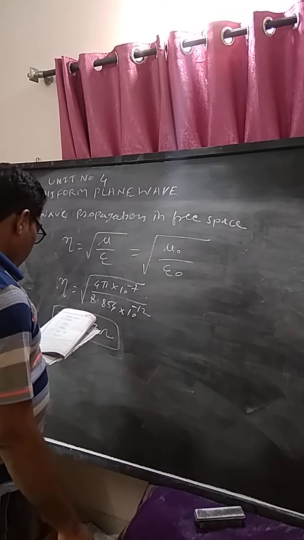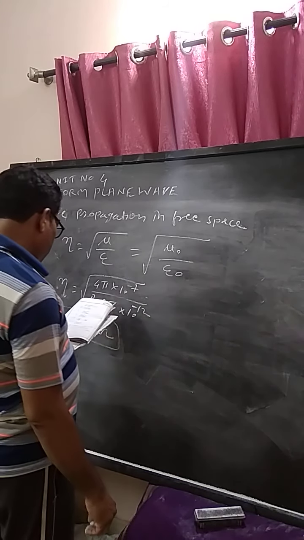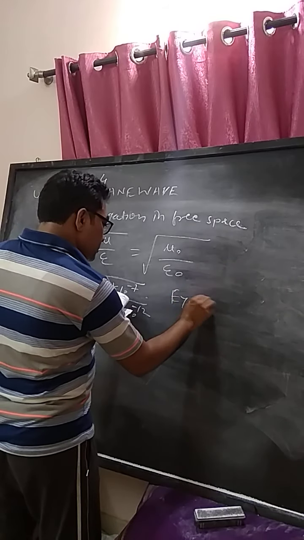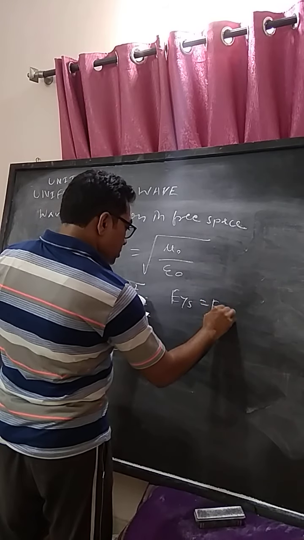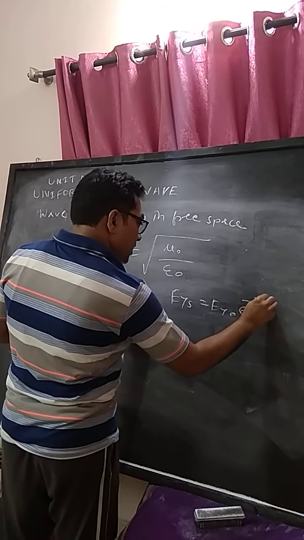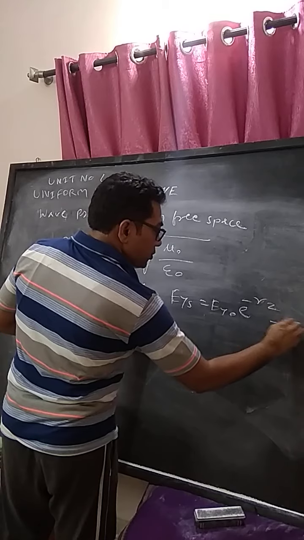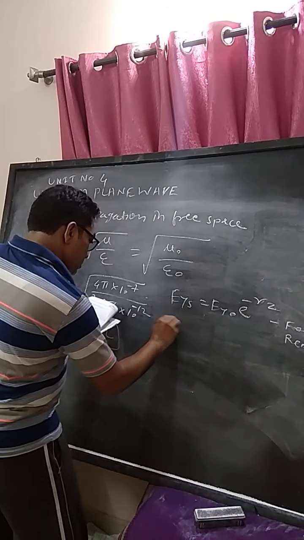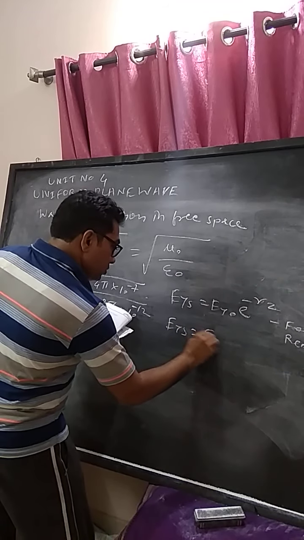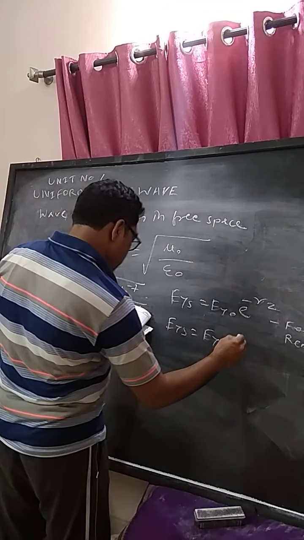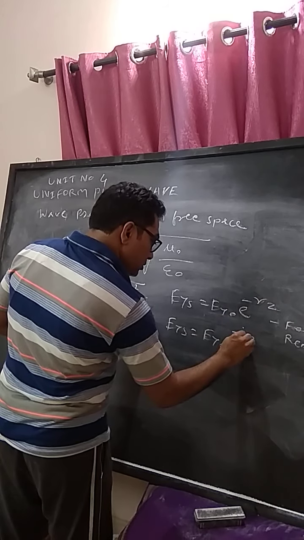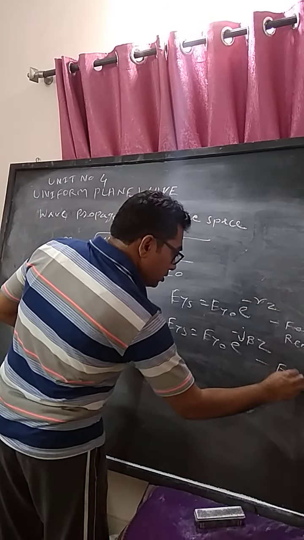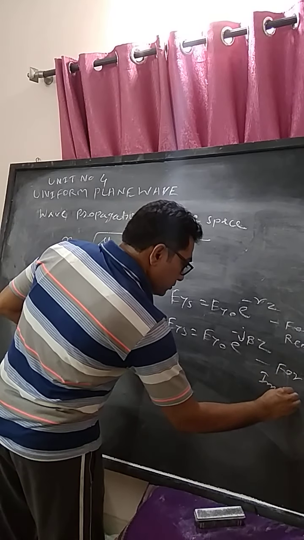We have also seen the solution of the wave equation in perfect dielectric medium, which is EYS equal to EY0 e raised to power minus gamma z for the real component, and EY equal to EY0 e raised to power minus j beta z for the imaginary component.